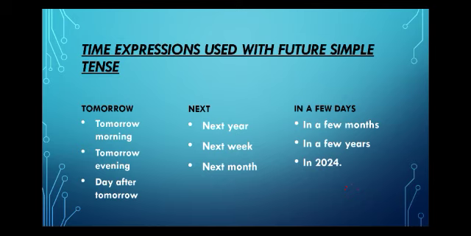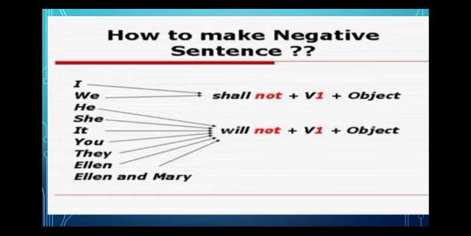Since 2020 is going on, if you want to say something about 2024, then that's future. So if you use the word soon, then also you are talking about future. For example, if you say everything will be fine soon, then this sentence means that in near future everything is going to be fine.